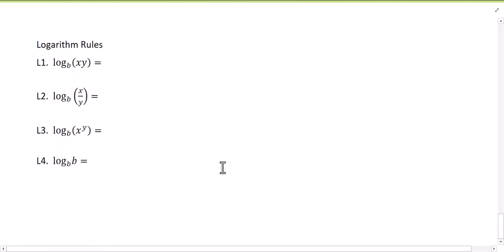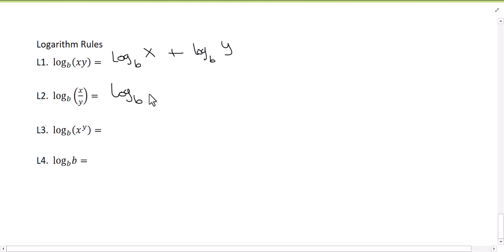All right, so the rules. The first rule is if you have the product of two things inside a logarithm of a particular base, then you can say this is the log base b of x plus the log base b of y. And then the quotient rule for logarithms is when they're being divided, you can subtract them.